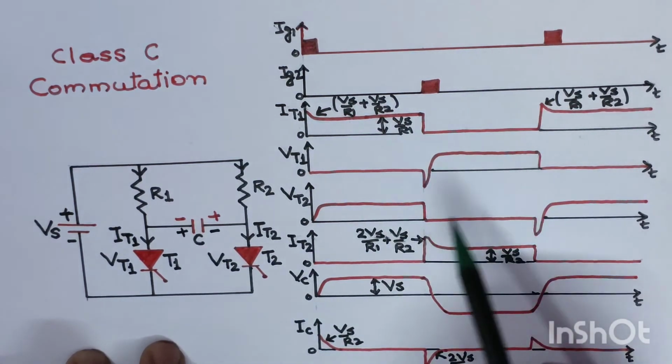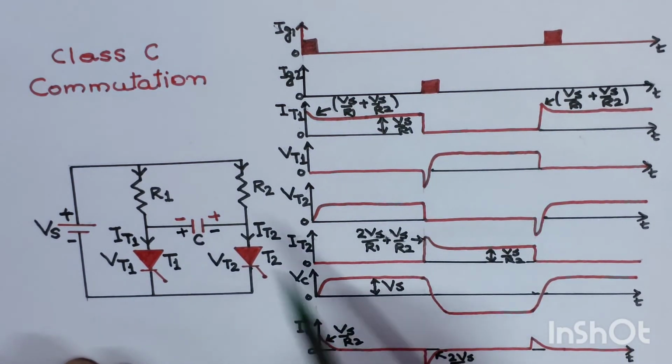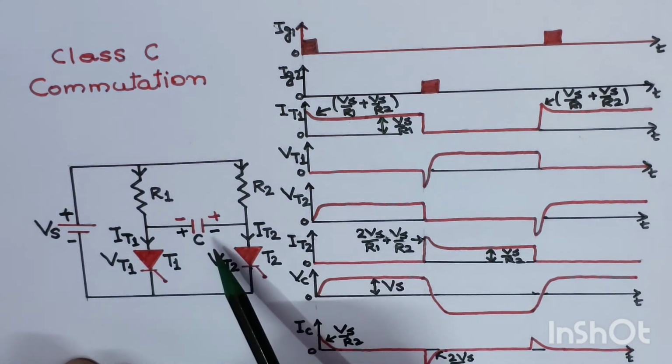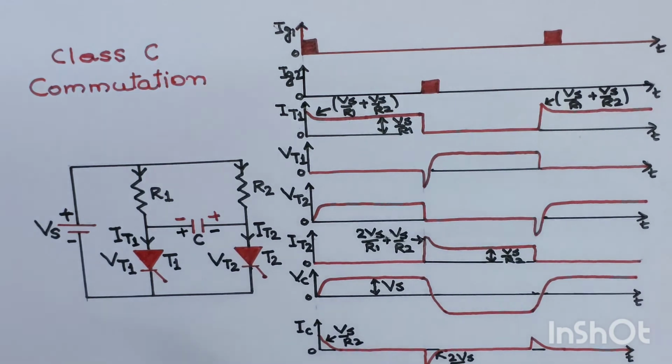So these are the various waveforms which I have shown for the class C commutation, and this is the circuit diagram for the class C commutation.